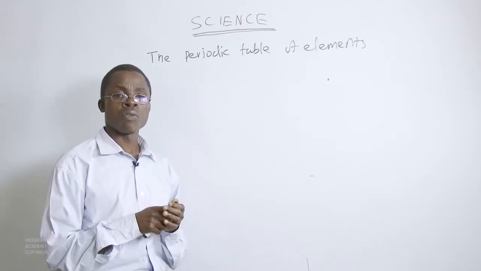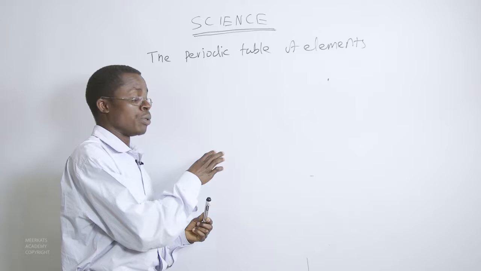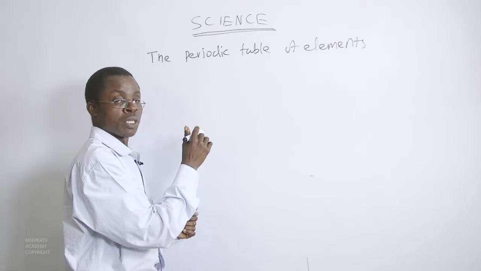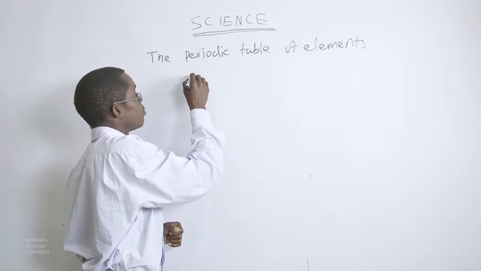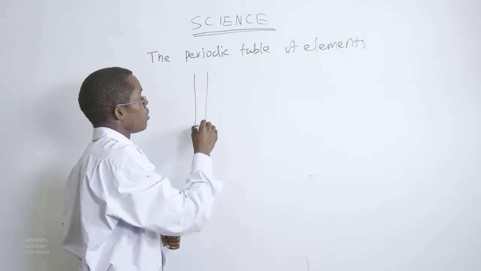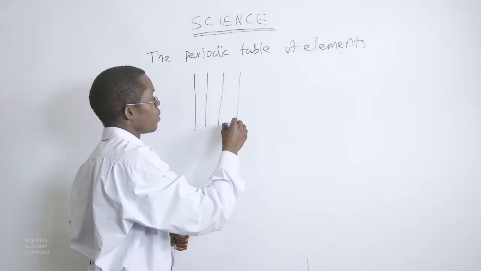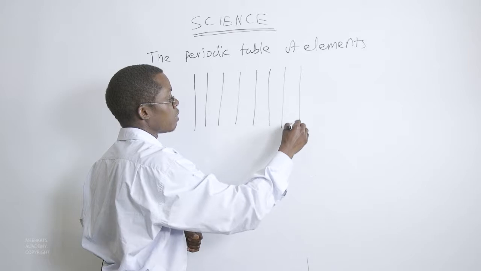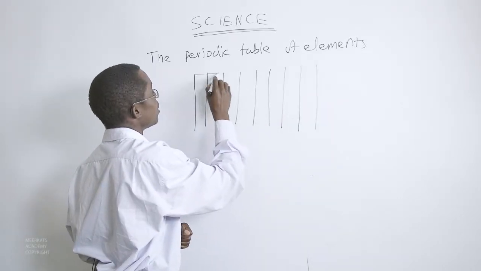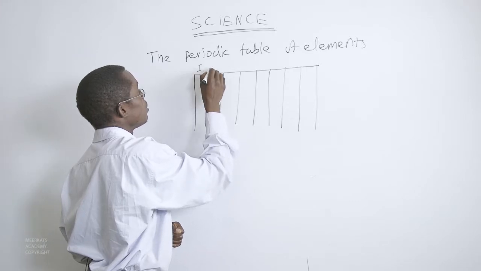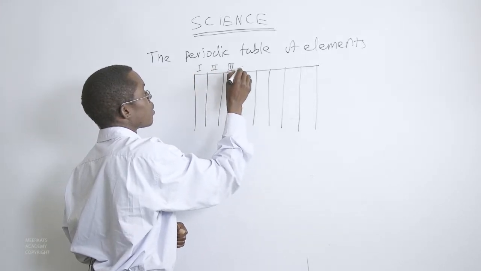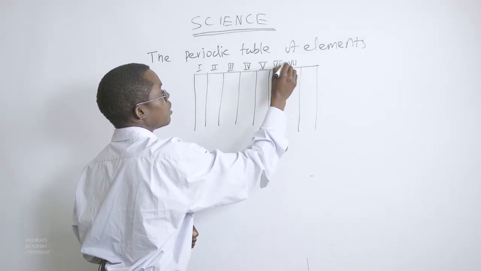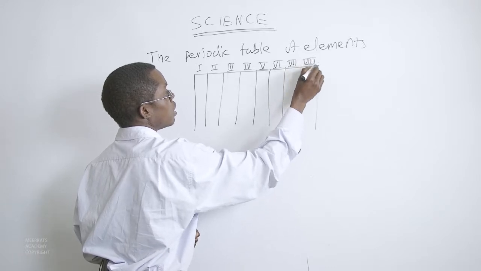Being that the maximum number of electrons occupied by an orbit is 8, it will give us 8 groups. So we start off to create the table. We have groups 1, 2, 3, 4, 5, 6, 7, then lastly 8.